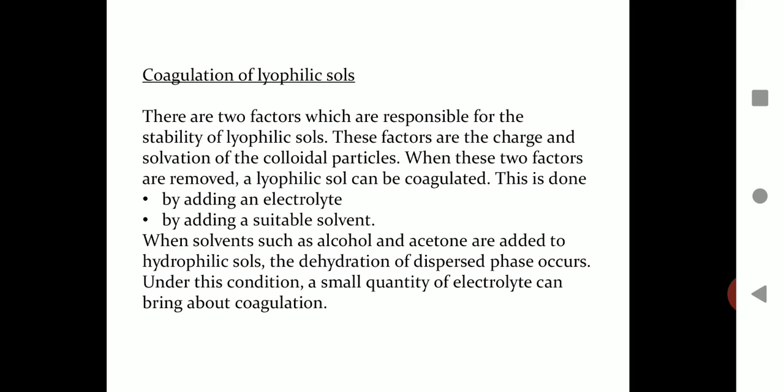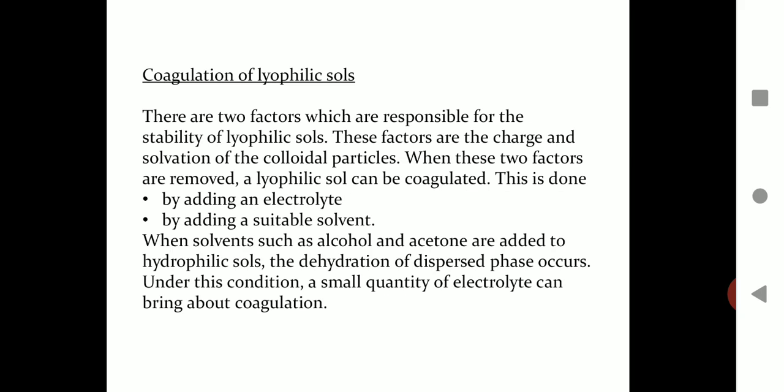Now what is the role of the solvent here? Now, when solvents such as alcohol and acetone are added to hydrophilic sols, where the dispersion medium is water, then what happens is that the water molecules are removed from the surface of the colloidal particles.